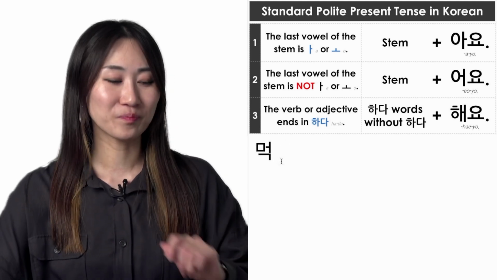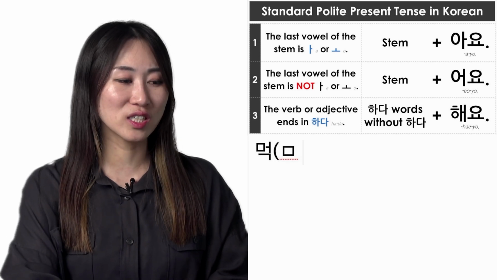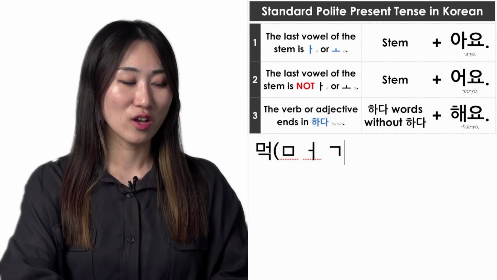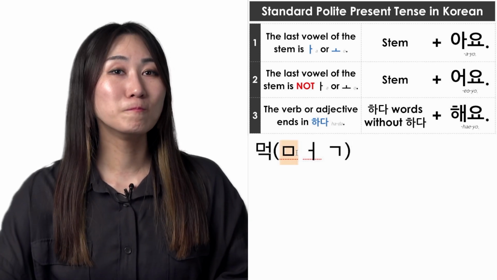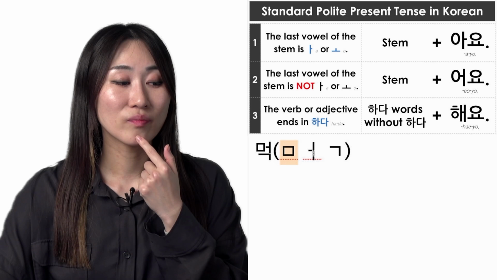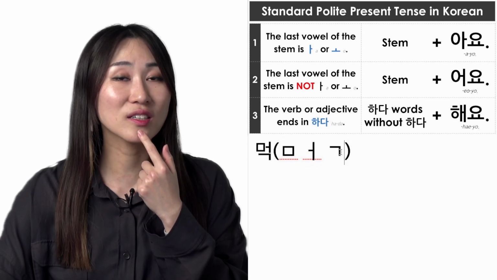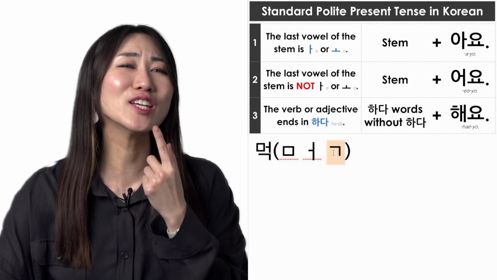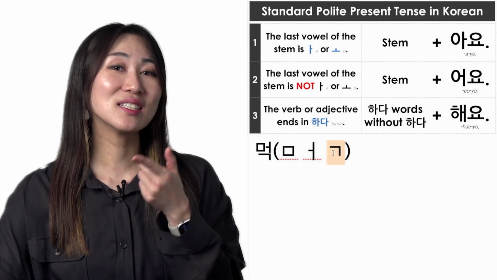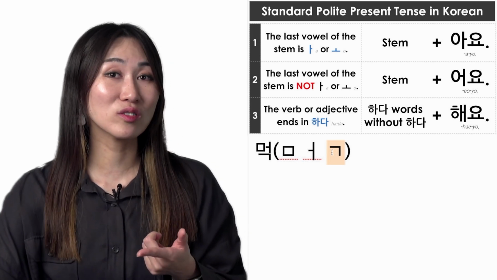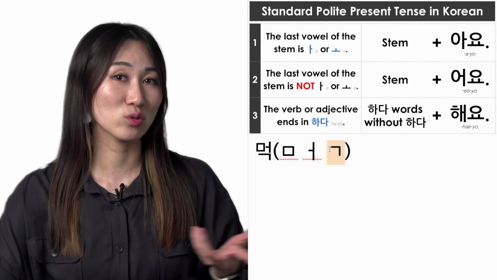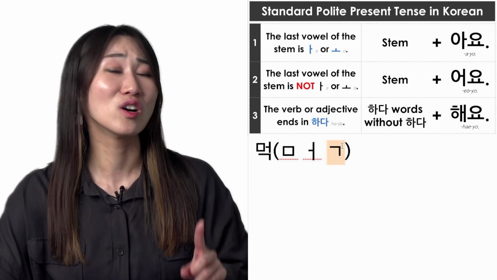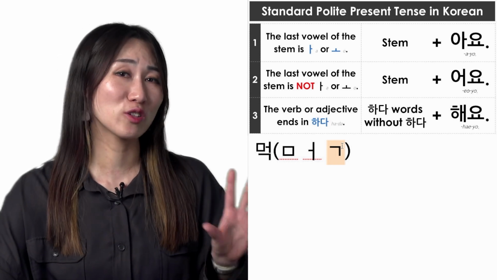먹 is the stem. Let's break it down. 먹 consists of these three parts. One is an m sound, one is an o sound, and one is kind of a k sound. It's not exactly a k sound, but in English I cannot describe it, so I try to find the most similar sound, which is kind of like k.